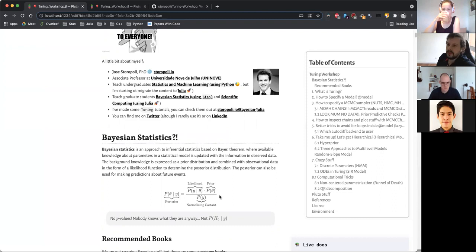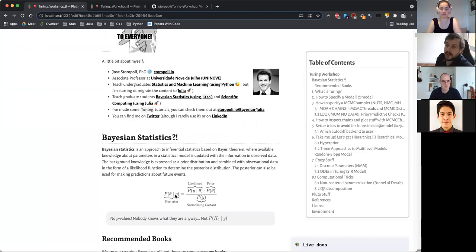Then you divide everything by the normalizing constant, also called evidence in some literature, for this to become a valid probability distribution that sums up or integrates to one. And this is what we call the posterior distribution.